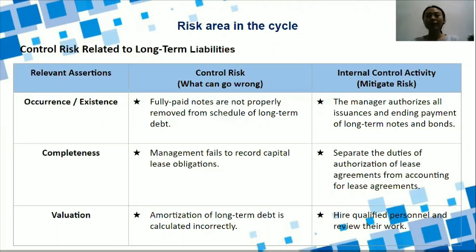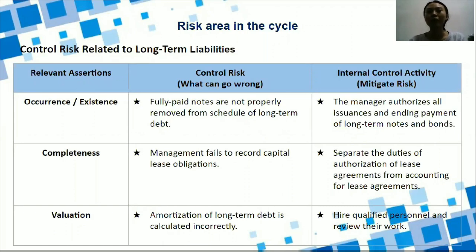Okay, the first one is about the occurrence or existence. The control risk that can happen is that the fully paid notes are not properly removed from the schedule of long-term debt, meaning that the payment is already finished, but it is not being removed from the schedule.